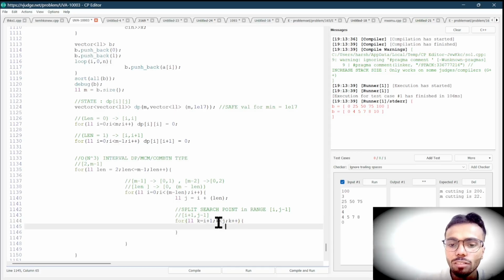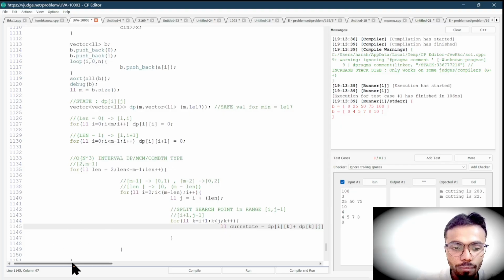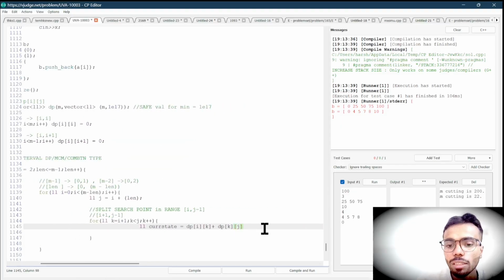If I calculate the current state, what is the current state, guys? That is your left subproblem, the interval i to k that we already calculated. Then the right subproblem, whatever the split search point is, that is k to j. Can we say that? And whatever the cost is, that is of the coordinates we are performing the cut on.